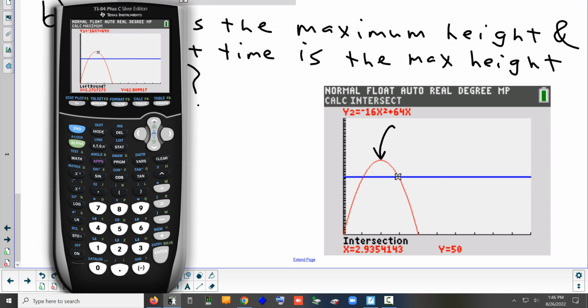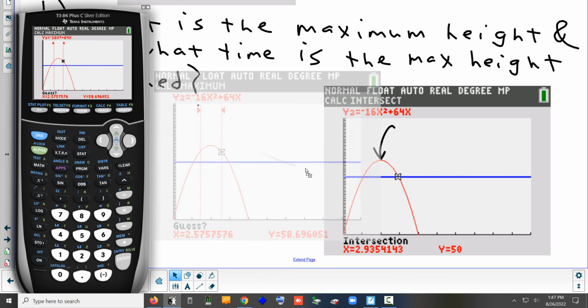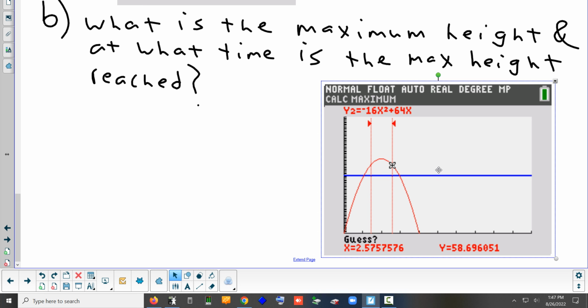The first question says, pick a point that you know is somewhere to the left of the maximum. What we're going to do is kind of narrow down for the calculator where it is and hit enter. Pick a point that you know is to the right of the maximum and hit enter. On your screen, it should now look like that.